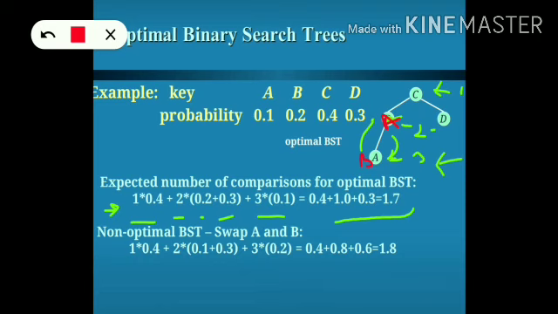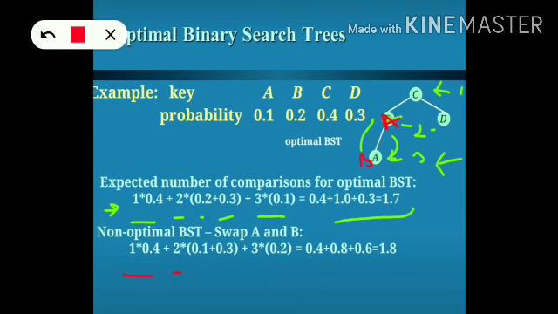Now what is the cost? Here C is at level 1, so 1 times its probability 0.4, plus level 2.